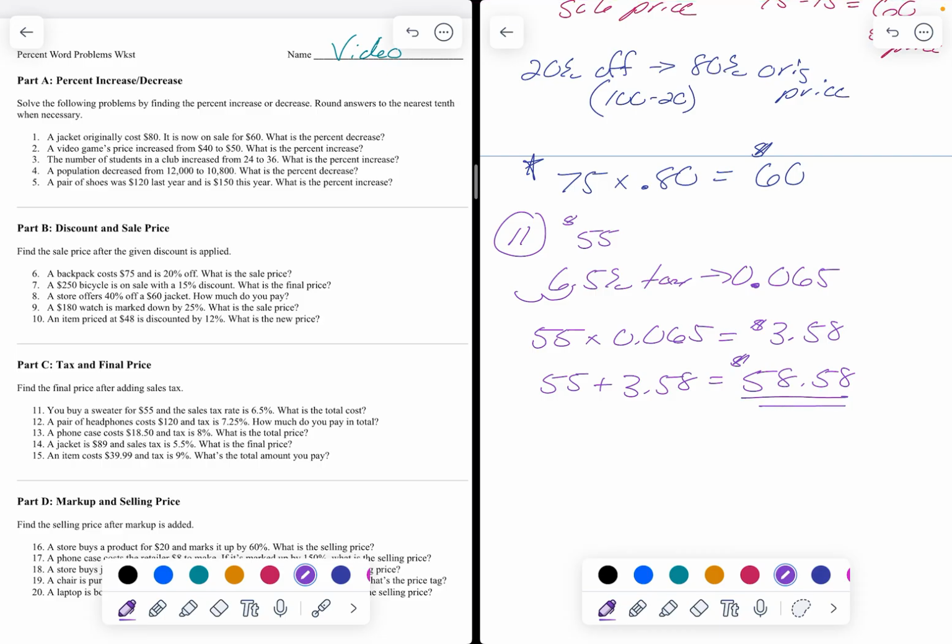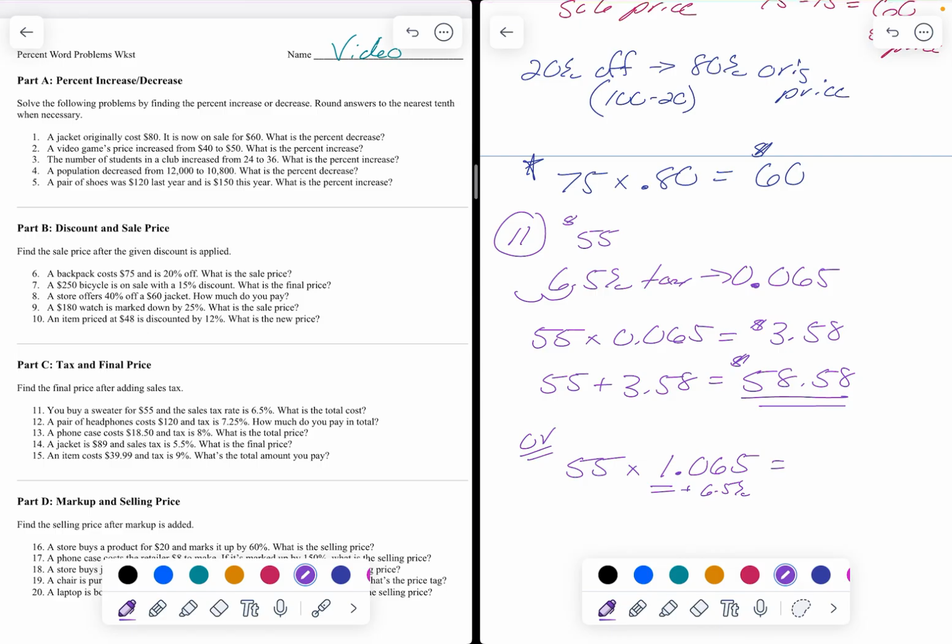Now, since it's an increase of 6.5%, we also could do it this way. We could take our 55 and multiply it by 1.065 because we want the whole thing, and it's kind of like plus the 6.5%. So that 1 is like the price plus the 6.5%.